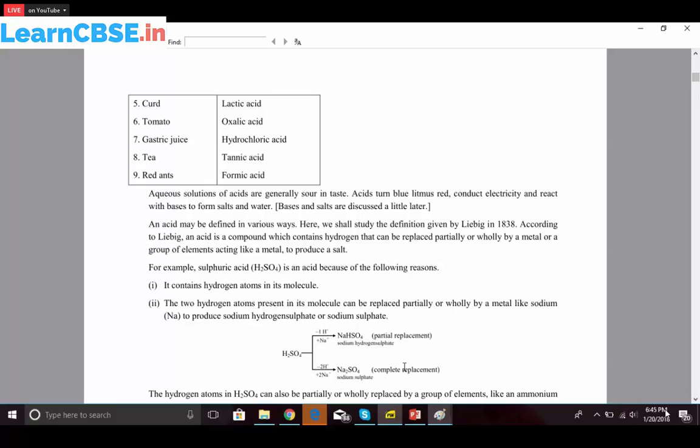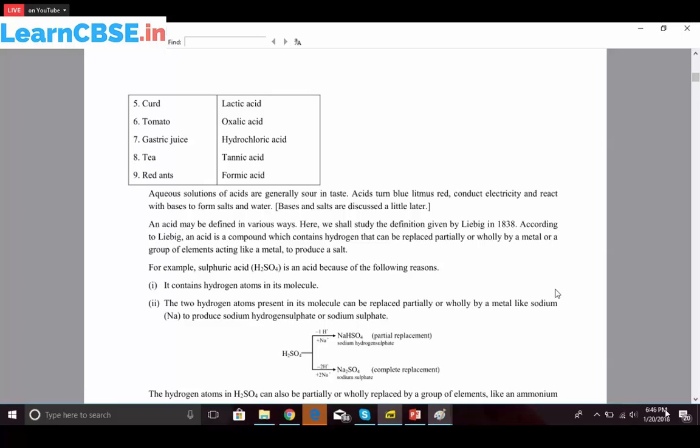For example, H2SO4, that is sulfuric acid. We call this an acid because it contains hydrogen atoms in the molecule. And the 2 in H2 indicates that there are two hydrogen atoms present in the molecule. So it can be replaced, completely or partially, by a metal like sodium.